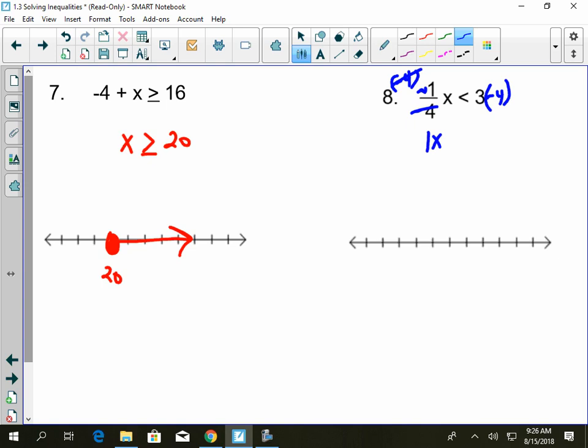Did I just multiply by a negative number? Yeah, so I have to flip my inequality. So now x is greater than -12, so I go to -12, open dot, greater than, go to the right, bam. Easy, easy, lemon squeezy.